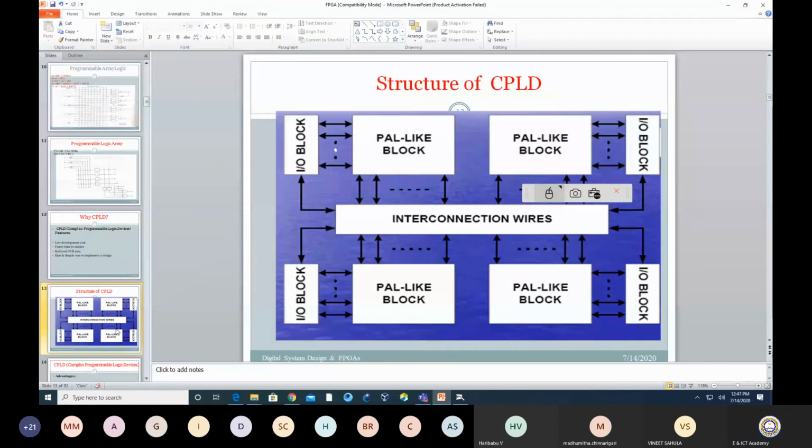More programmable block which I define as a PAL block. PAL block that means a programmable block जिसमें आपका डिजिटल डिजाइन रहेगा, ठीक है.